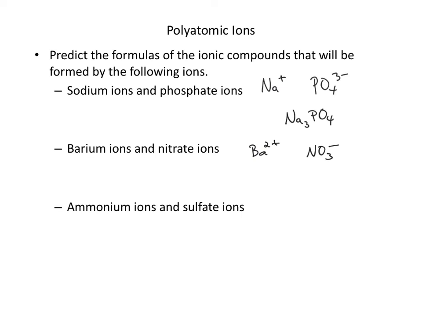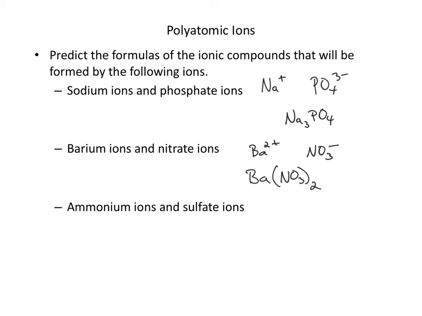When we have multiple polyatomic ions, I can't just put a 2 down here, because that would be confusing. It's like, is it 32, or what are we writing? So when I have more than 1 polyatomic ion, I put it in parentheses. So the whole nitrate is in parentheses, and then I want 2 nitrates to make it neutral.